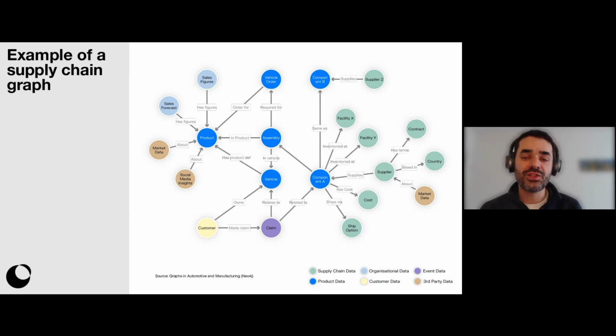And this supply chain graph can help answer questions such as what would be the impact of an incident in facility X or Y. If there's an issue with a given product, it's also possible to understand where the issue can come from, and more.